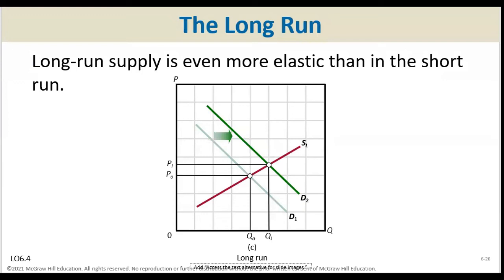This means that supply will be even more elastic. In the long run, all the inputs are variable; there's no fixed. Everything becomes variable because you have time to adjust anything. Even the size of your business plan, you can decide to shrink it or expand it based on the needs of the business.